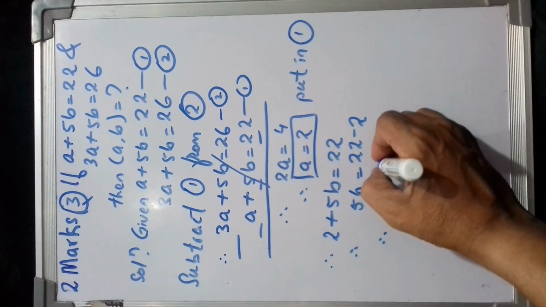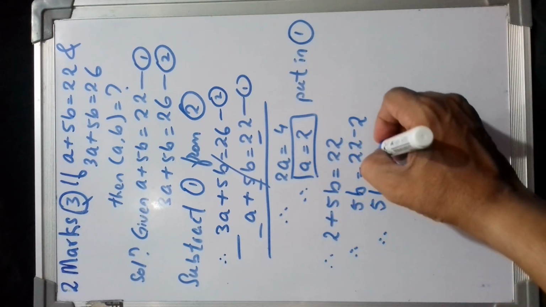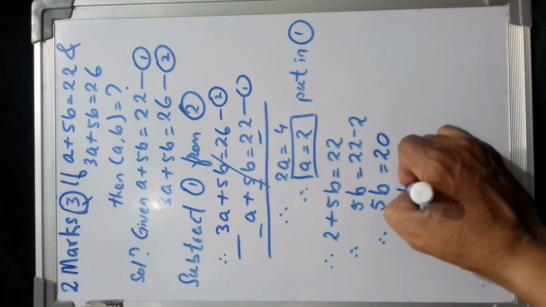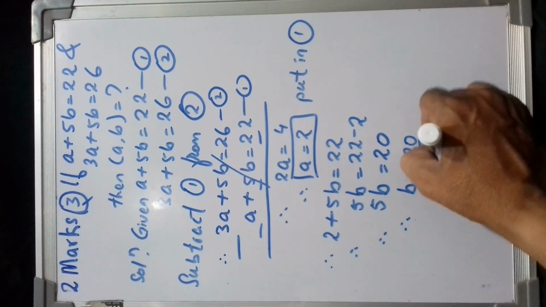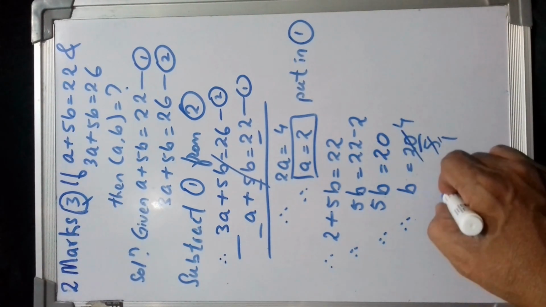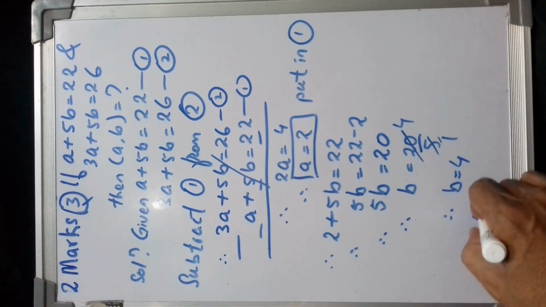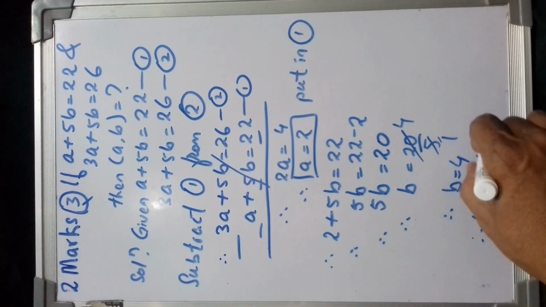Therefore 5b is equal to 22 minus 2, so 5b is equal to 20. b is equal to 20 upon 5, that is 5 4s are 20. So b we got as 4. So the solution, that is a comma b, is 2 comma 4, and this is the solution of this equation.